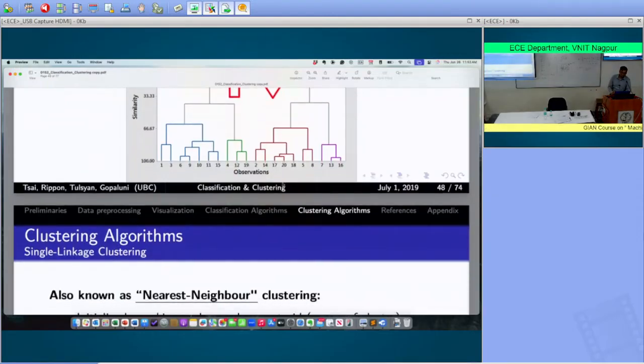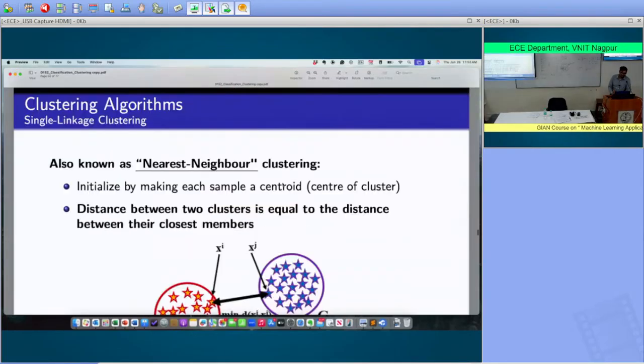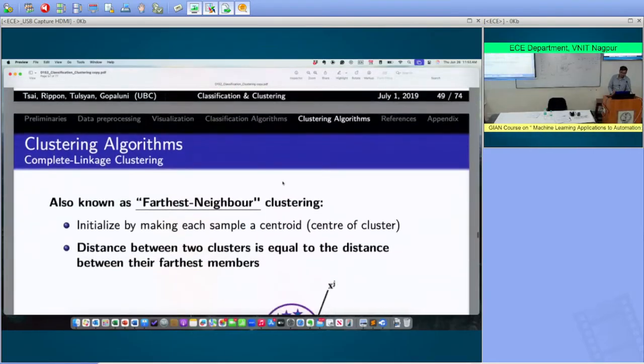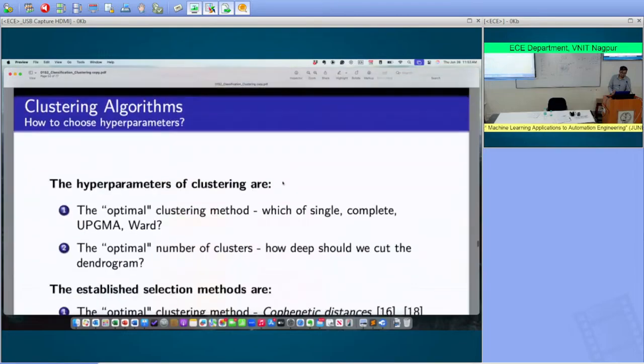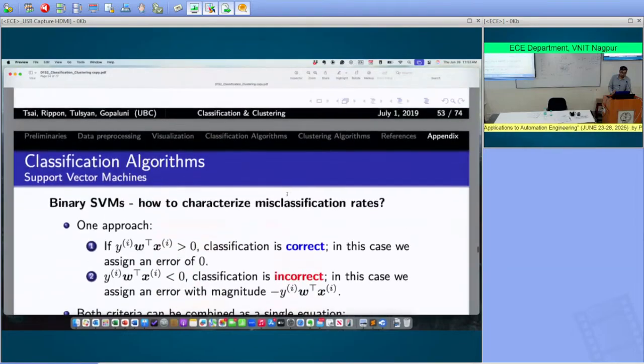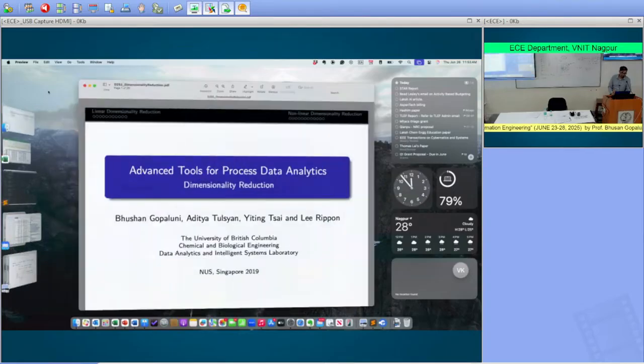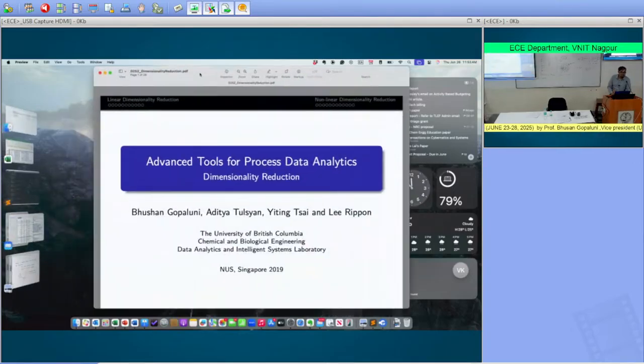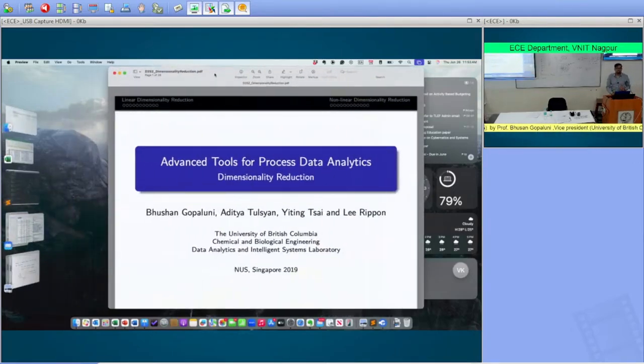So I know I'm doing a little bit of hand waving here, but there are good slides here that you can go through. Okay. So with that, I want to wrap up clustering as well. Are there any questions? So we finished clustering, classification. In the next 1 hour or so, we're going to talk about dimensionality reduction. Any, yeah. Yeah.